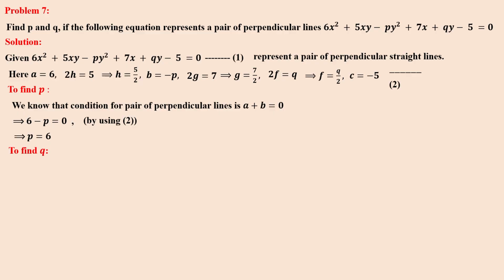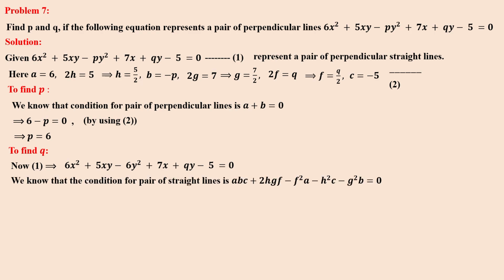Now to find q, substituting the value of p in equation number 1, we will get 6x² + 5xy − 6y² + 7x + qy − 5 = 0. We know the condition for pair of straight lines. What is that condition? abc + 2fgh − f²a − g²b − h²c equal to 0, or in the determinant form, that is equal to 0. So we are using that condition.